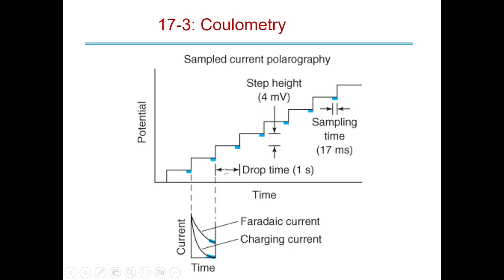So this is the drop time here, it's 1 second. Sampling takes time as well. In this case, our sampling takes 17 milliseconds, which when you're talking about 1 second steps is actually significant, right? So keep that in mind. Sampling always takes time, right? It's not instant.